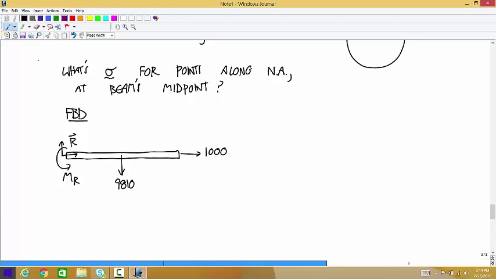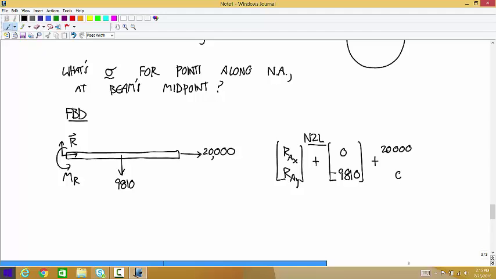Okay, so Newton's second law says RAX, RAY plus 0, negative 9810, plus this force in the positive x direction, 20,000, 0 is equal to zeros.